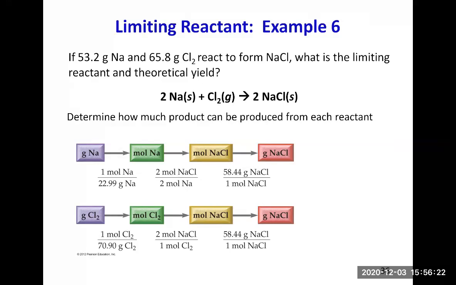Here you need only 1 mole of chlorine to make 2 moles of sodium chloride. Then you again change the moles of sodium chloride to grams of sodium chloride using the molar mass of sodium chloride. Once you have done those two calculations, you will compare the amount of product that is formed in each case, and the smallest amount will determine the limiting reactant.